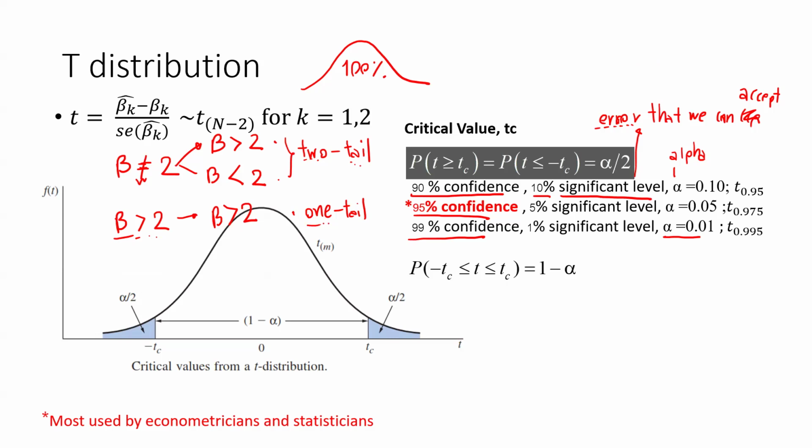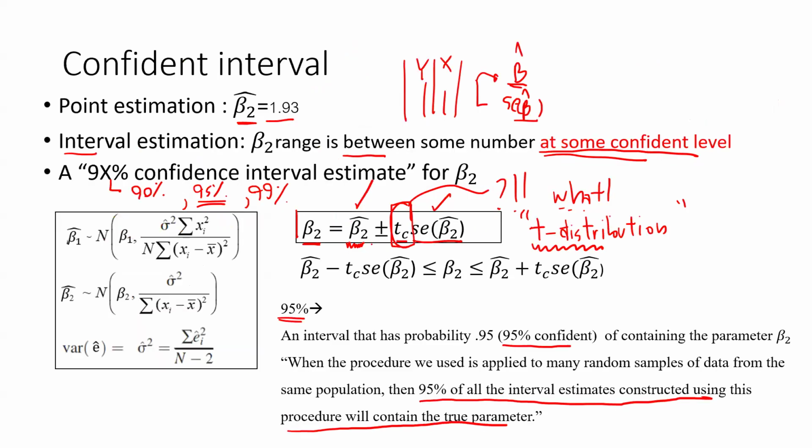And then back to what we would like to do. We would like to do confidence interval. Okay, the confidence interval, they have both positive and negative.